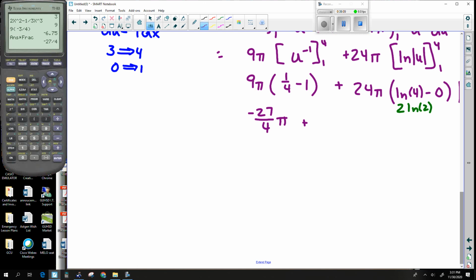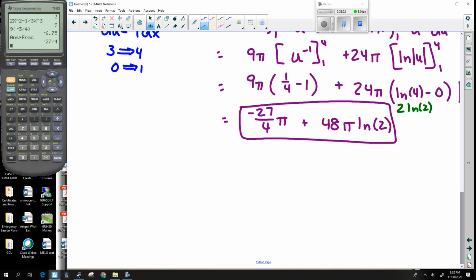So this is going to be 48 pi ln of 2. And then I don't know if it gets much better than that. I'm going to call it a fight right there. You could factor out a pi if you really need to, but that's kind of where it stops.